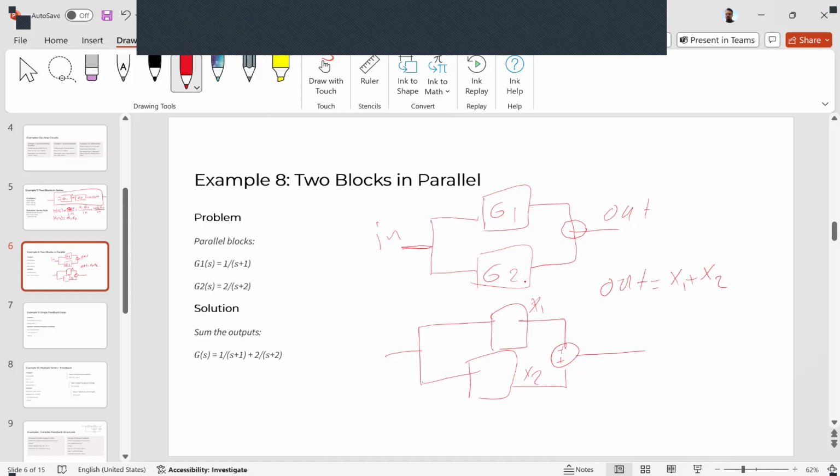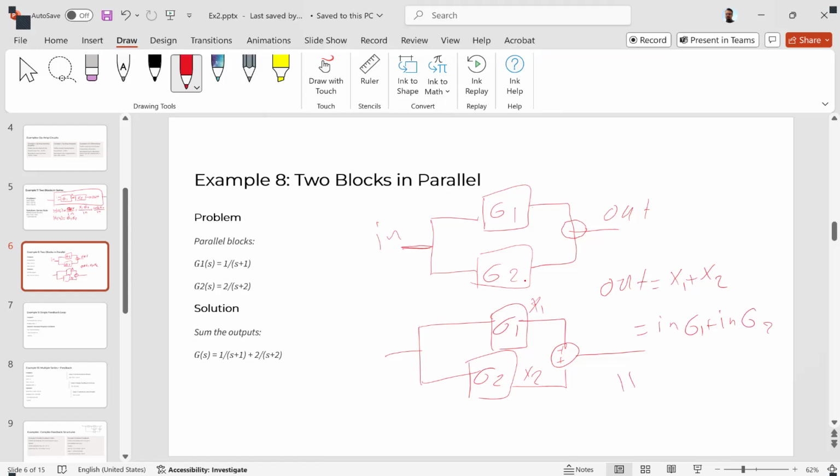X1 is simply input times G1, and X2 is input times G2. So your transfer function, which is output over input, or H of S, becomes G1 plus G2.